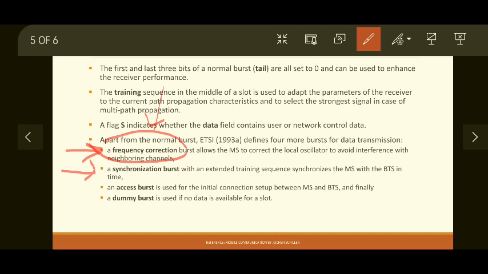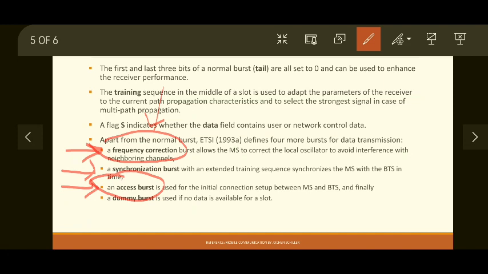Then there is a third type, or actually fourth type if you consider the normal burst also. The fourth type is the access burst, used for initial connection setup between the mobile station and the base station. That means when you initiate a call, the first thing you will transmit is an access burst.